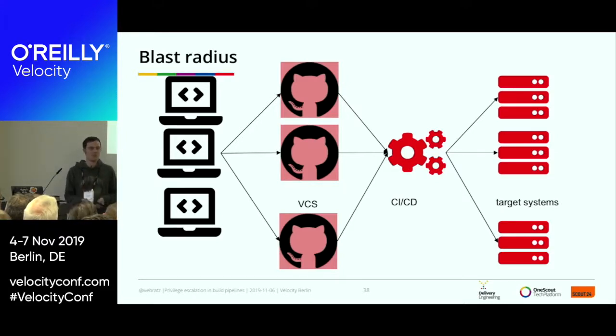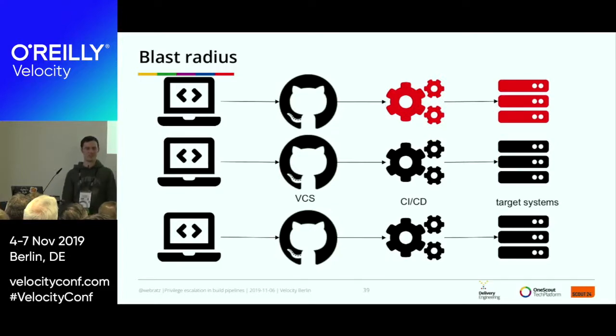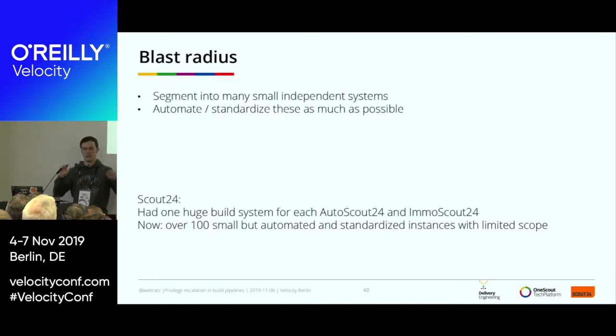So what's the solution to that? Well, it's the solution that we always use if the blast radius is huge. Make it smaller. So don't have one huge CI system, have many, many small ones that are separated. What we did at Scout24, until last year or so, we had two big build systems. We had one for AutoScout, we had one for ImmoScout, and they were huge. What we have now is over 100 small CI/CD systems.